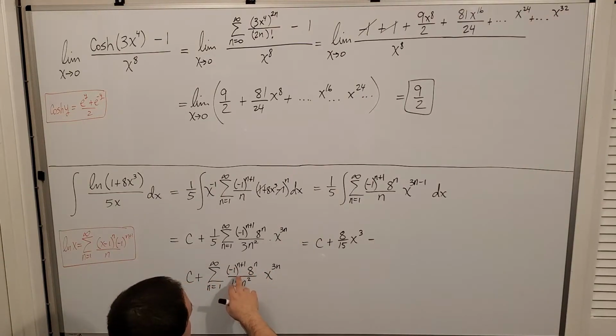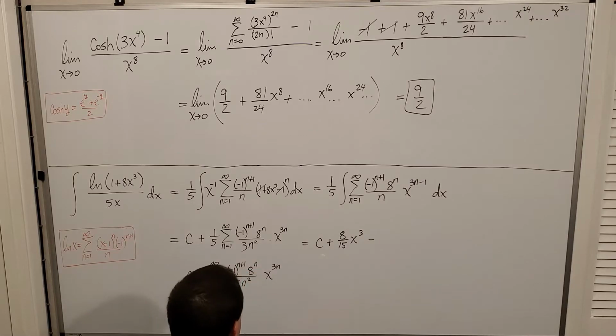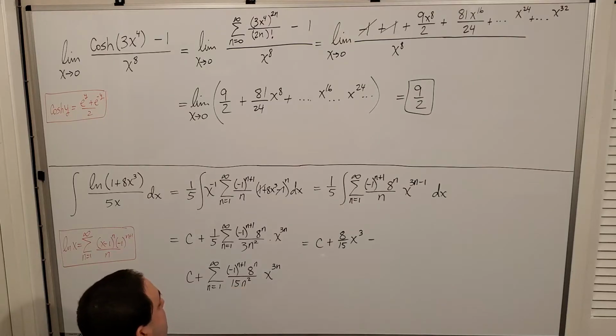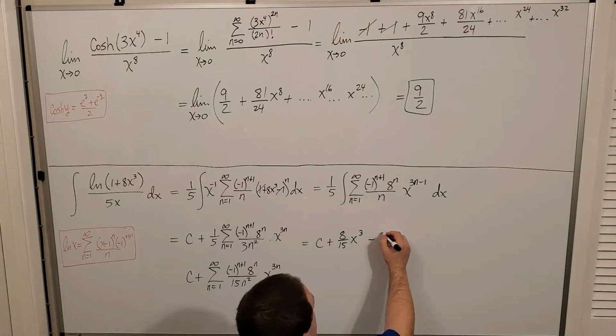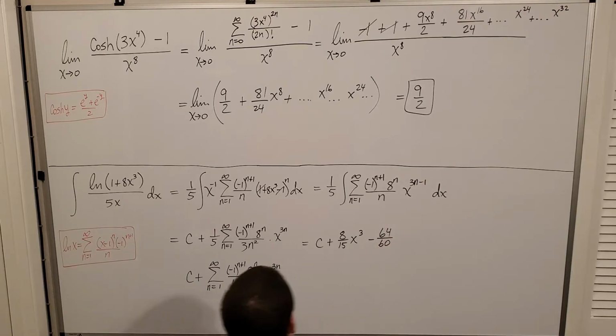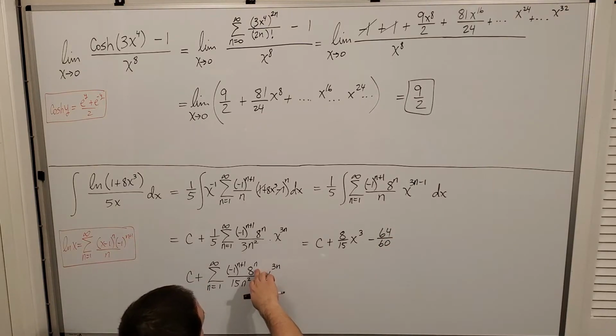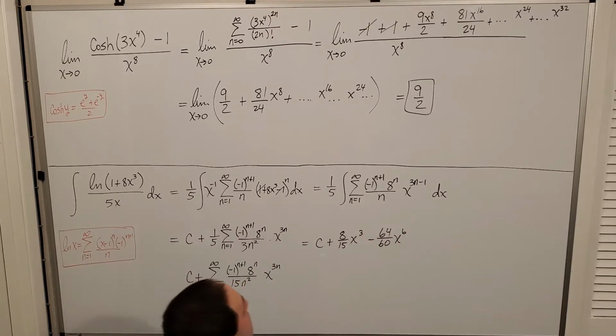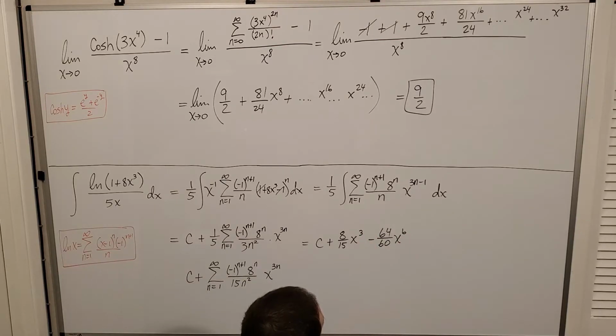Minus, I've got 8 squared, 64, over 15 times 4, which is 60. So 64 60ths, because it's 8 squared and 15 times 4, yeah. x to the 6th. And yeah, of course, we could reduce that. 32 over 15 works as well.